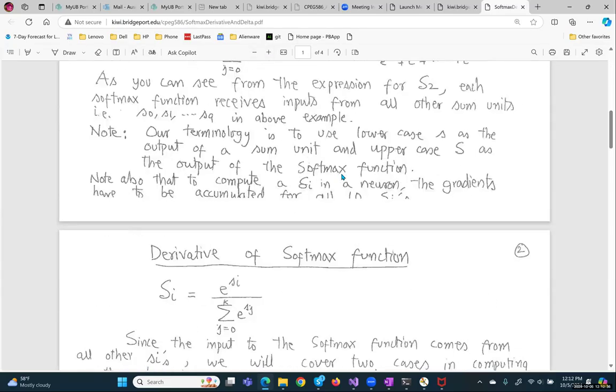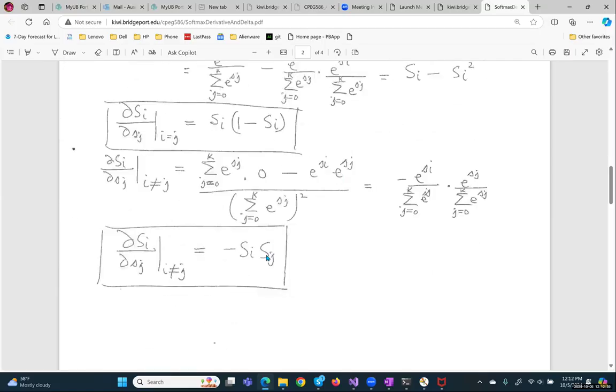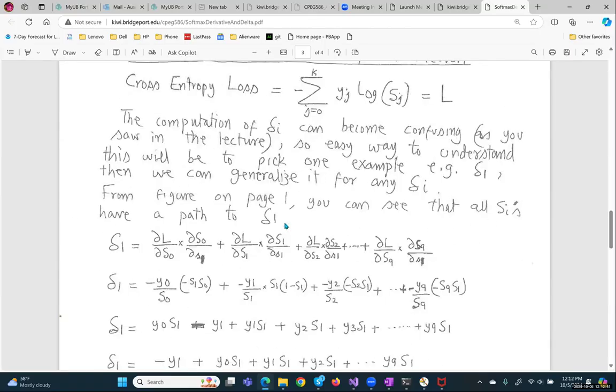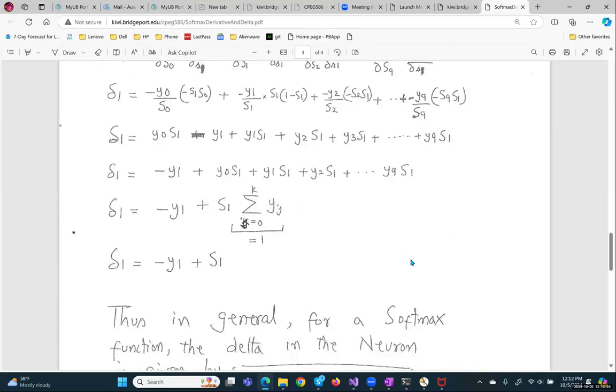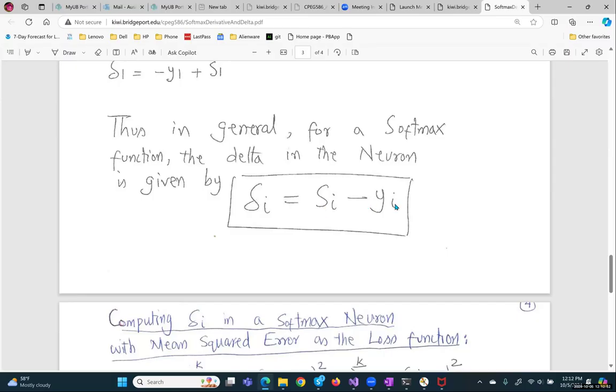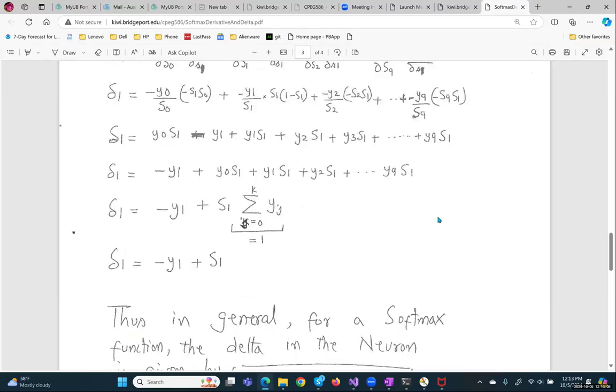But if you take a look, the final answer was, if we have the cross entropy loss, what is the delta on page 3 in a softmax neuron? What was the answer? Si minus yi. So if it is for neuron 0, it will be S0 minus Y0. If it was neuron 1, it will be S1 minus Y1. Neuron 2, S2 minus Y2. So the final answer was beautiful.